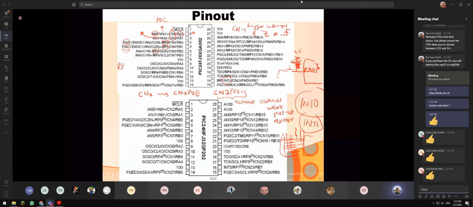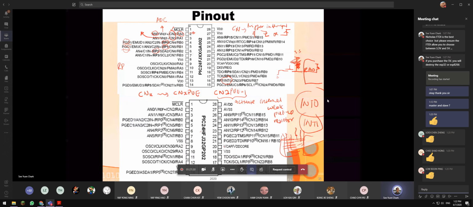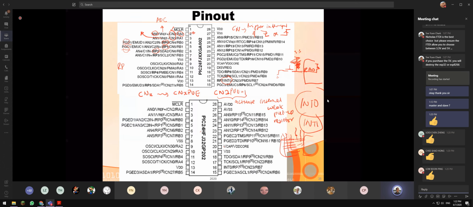There's no INT1. Why? Because PIC24 is a very flexible chip. I can assign my INT1 anywhere there is an RP. This is called a remapping pin. This is very useful. Let's say I'm soldering this microcontroller onto a PCB board.